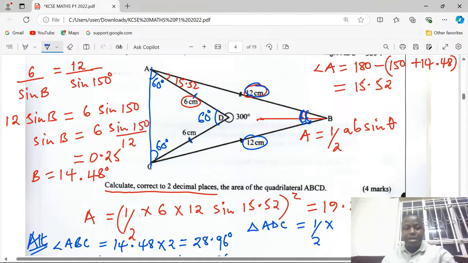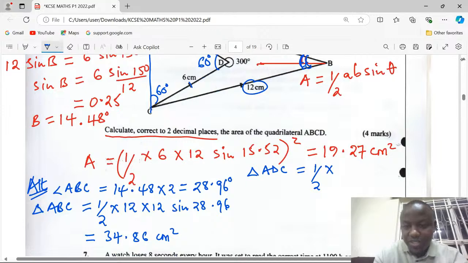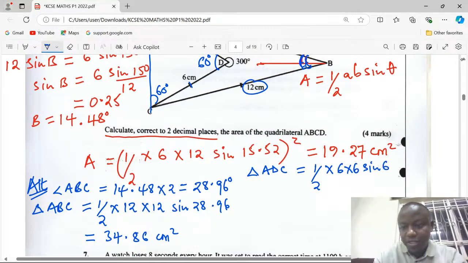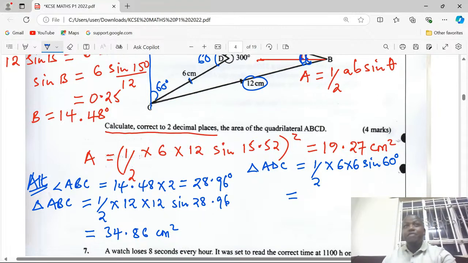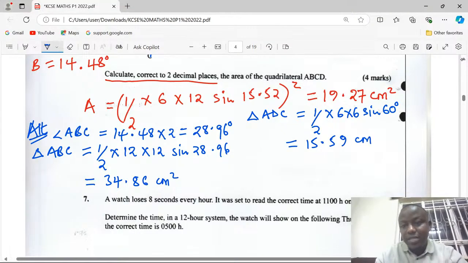And that means the equilateral triangle can now be used to get the area. So we need 6 by 6, the sine of 60 degrees. At this point we can get the area as 15.59 square centimeters.